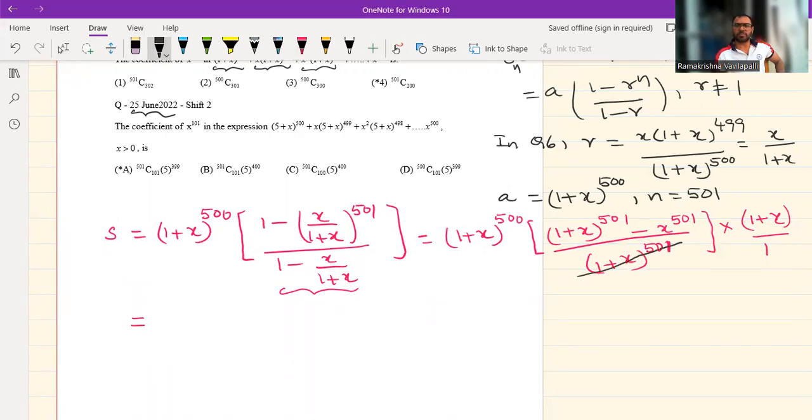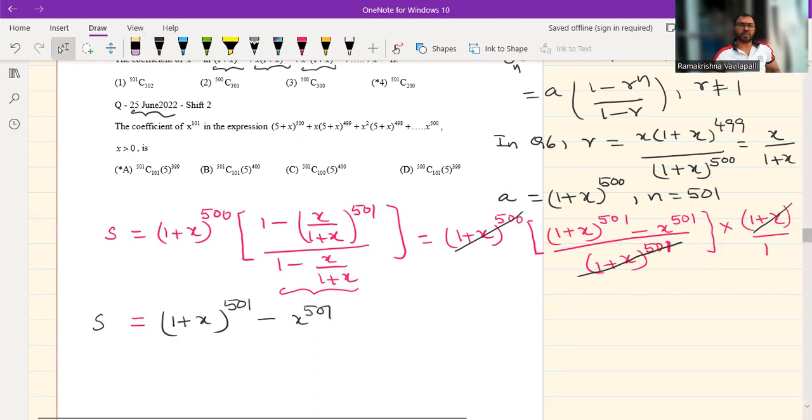So S equals (1 plus x) power 501 minus x to the power of 501.